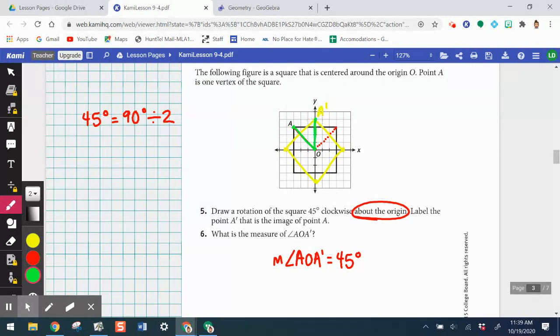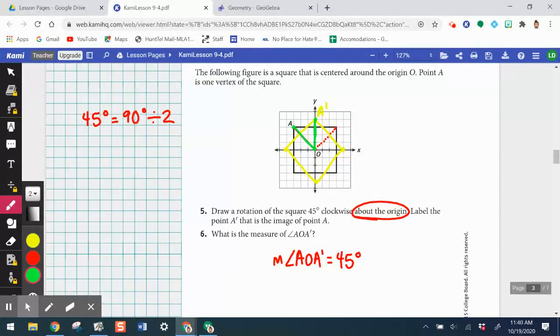So that's how I knew where A prime was going to end up, by using this concept of angle of rotation. If I connected A to O to this vertex, it was 90 degrees, so if I took half of that, I would find the location of A prime. Well, it is a square, so all of these points would be in similar locations on the x and y axis because they are all the same length. Now, they didn't necessarily give us any of the other vertices, so we didn't necessarily have to label anything here.